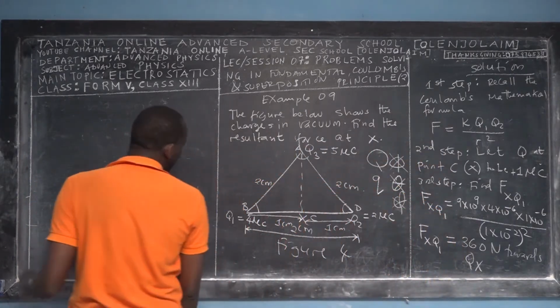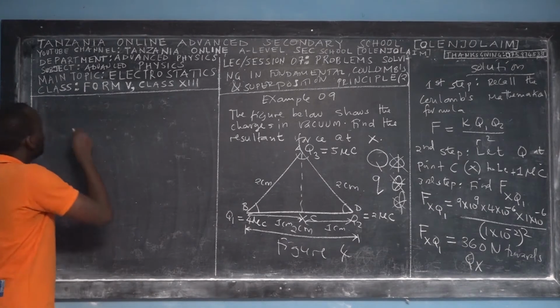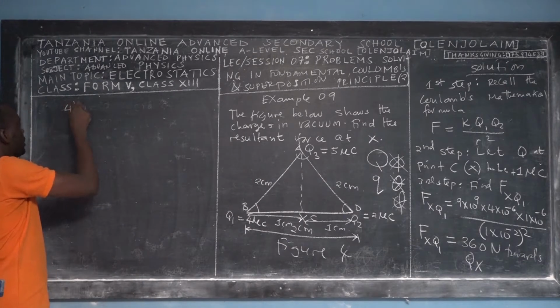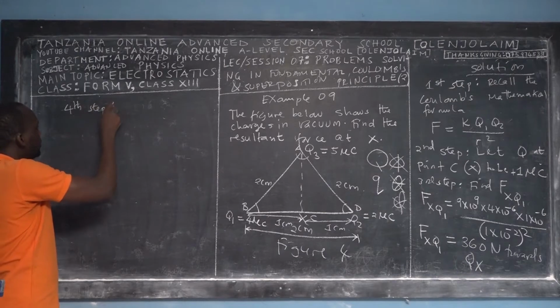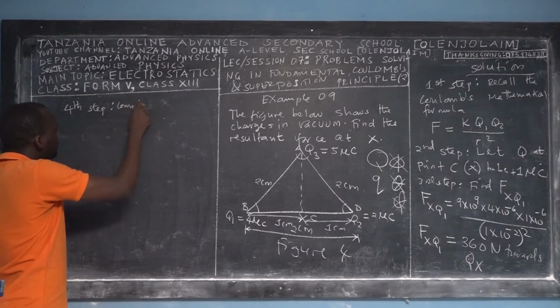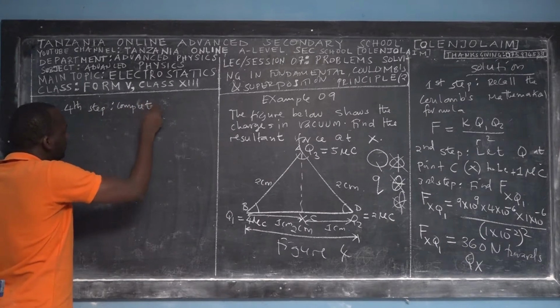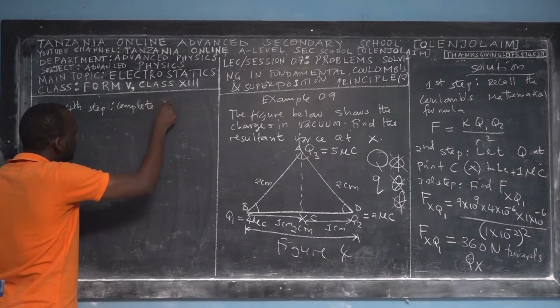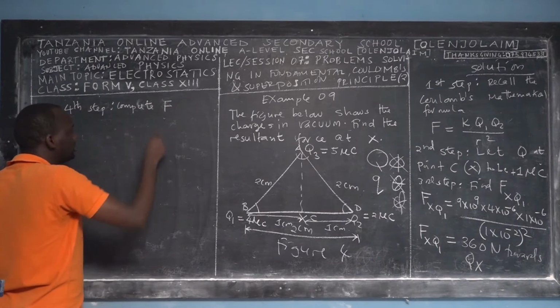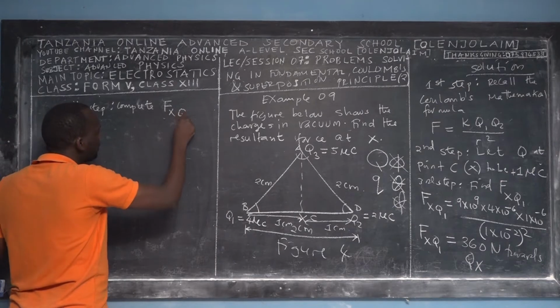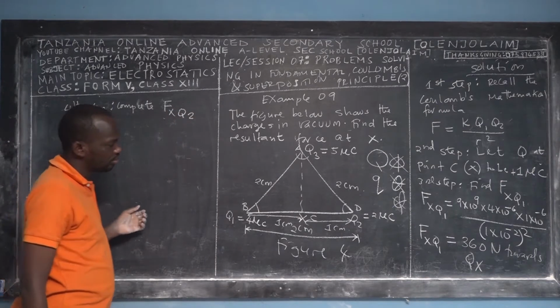So here we are, we are done with that one. We want again to go for the first step. We say that we have to compute the force acting on charge X due to what? Due to Q2. Where's Q2?